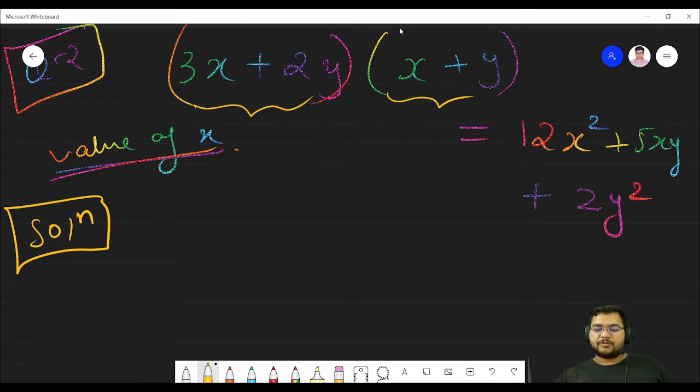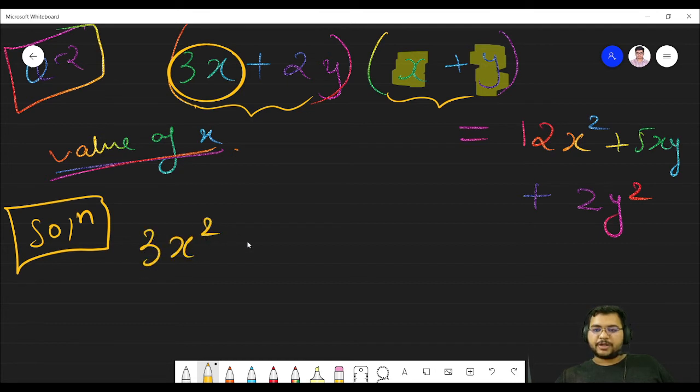What we will do, first we will simplify the expression on the left hand side. First, let's see this 3x. This 3x will multiply with x and y both. So it will make 3x square plus 3xy.